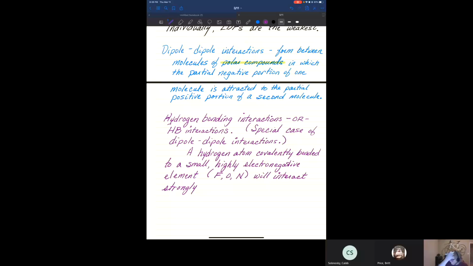So that hydrogen connected to F, O, or N will interact strongly with a pair of electrons on fluorine, oxygen, or nitrogen of a second molecule.